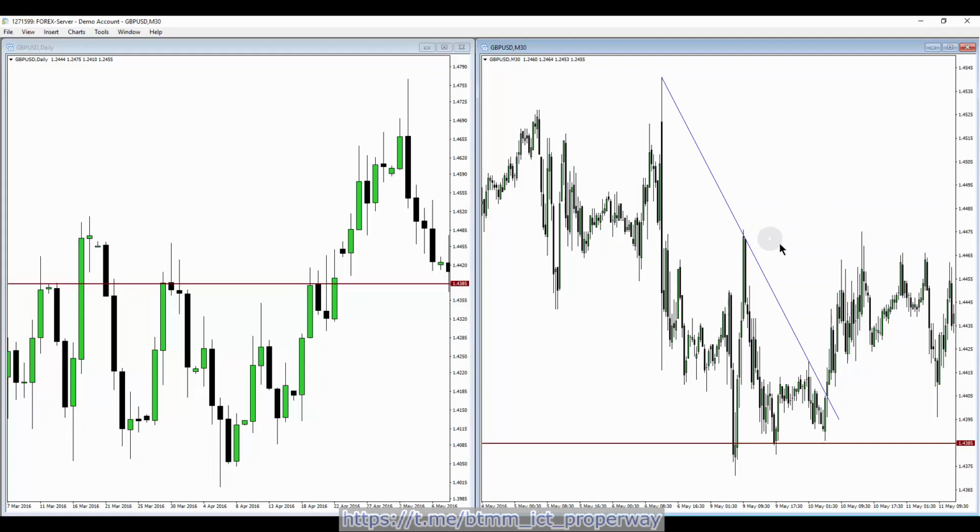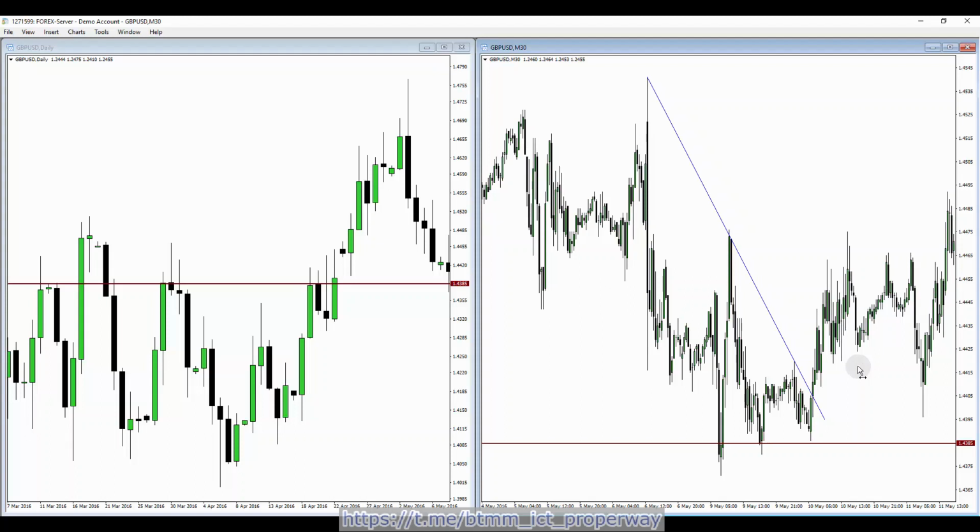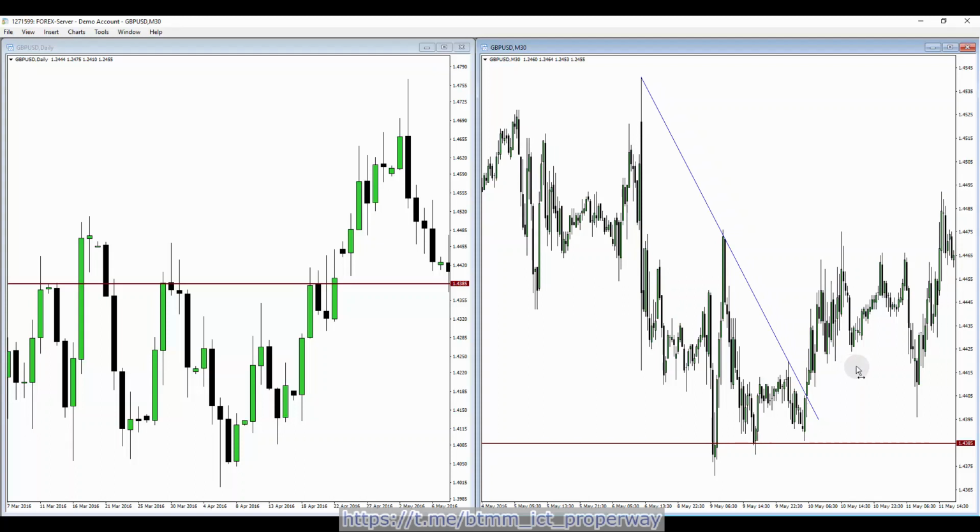Again, up here is where we'd be expecting to see the buy stops be tagged. You can see that happening here. Buy stops hit right there. You can see that happening here. Buy stops hit right here.